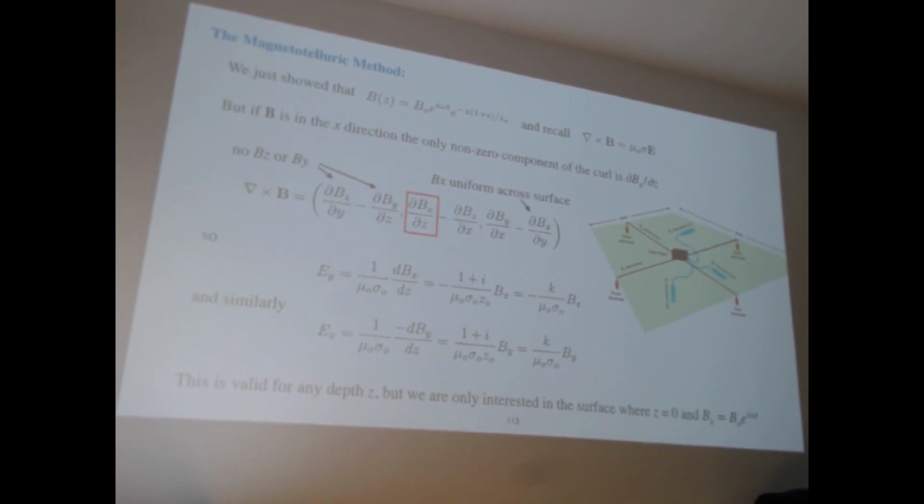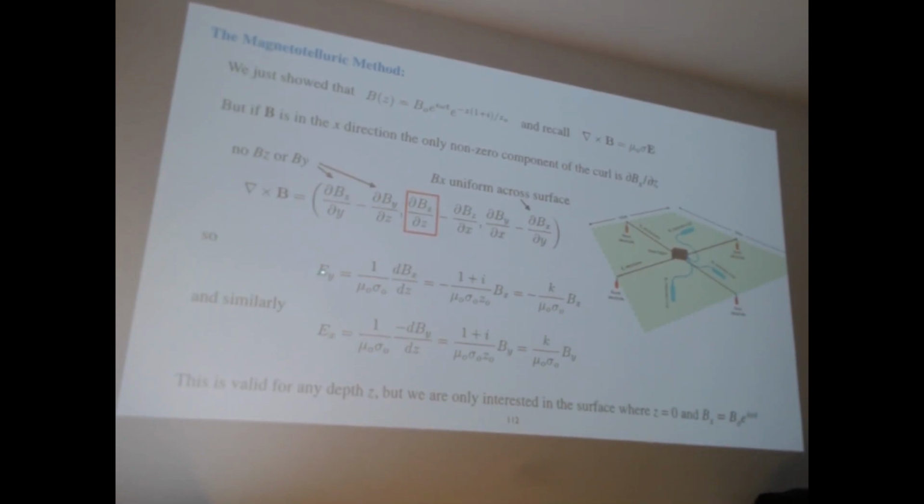So I can write E, and this is the x component, y component, z component. So the only term in the curl is the y component of E. And so that's just equal to 1 over sigma mu dBx/dz, this term here. And I can get the dz from here by differentiating this guy.